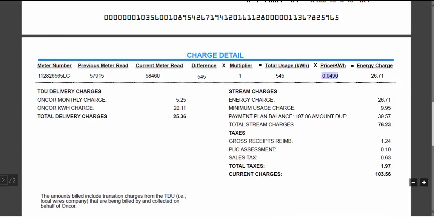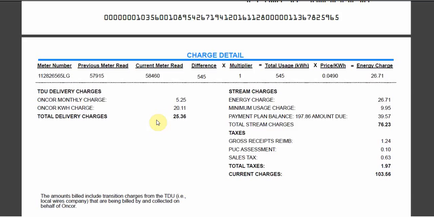So that's also how you can determine the rate if you are not sure, because some of these bills show what their average rate was, and a lot of times that can be confusing. What you want to look for is their actual price per kilowatt hour, their energy charge, and their total usage.